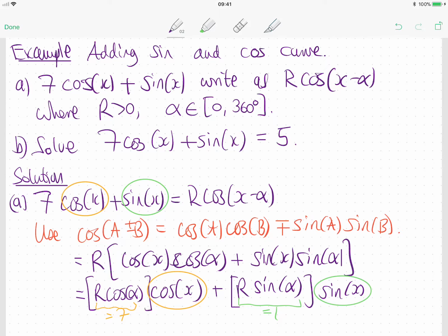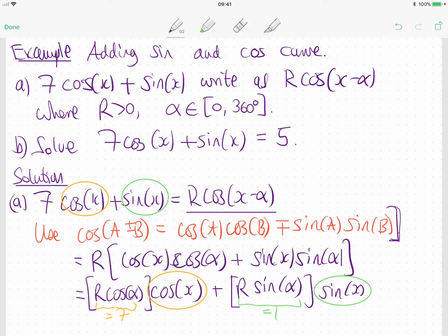For all of these problems, this process is exactly the same. At the beginning, we write it in the form that we want, which we see here, and we make use of the compound angle formulas, which are these ones here. We expand it and compare coefficients.